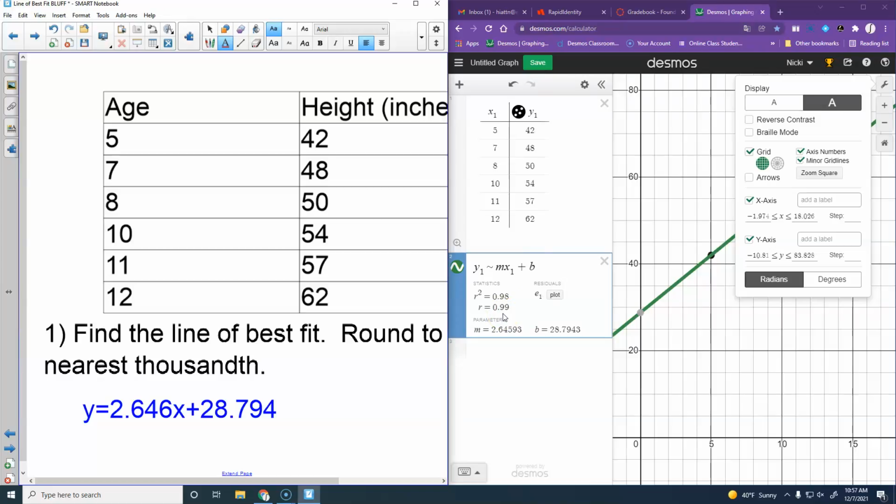R squared, we're going to have to use sometimes when we start getting to quadratics, which are like U-shaped graphs, then you can't use an R because you have positives and negatives that cancel each other out, which I'm not going to go into all of the statistical ways that comes up. But so when we compare, sometimes we might need to compare a line to a quadratic, which is a U-shaped graph.